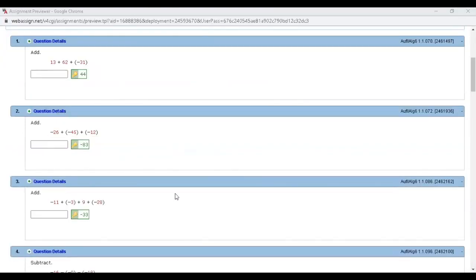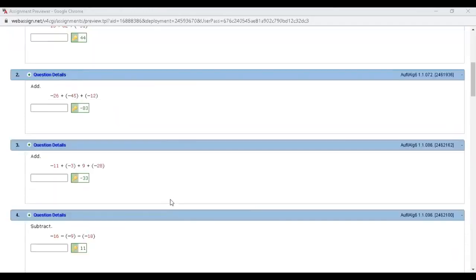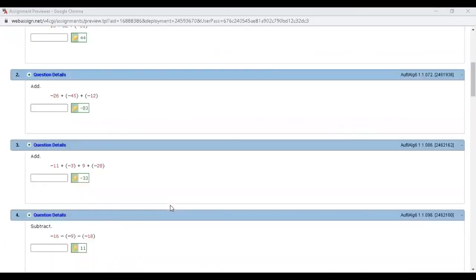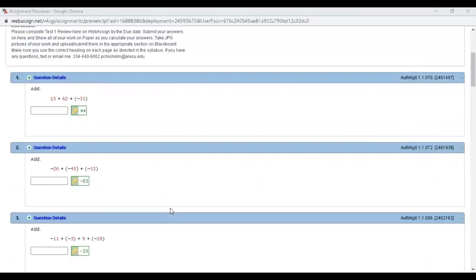Let's look at number 1. For 1, 2, 3, 4, and 5, we are basically adding and subtracting integers. So these are some things that you could possibly put in your calculator. Just to recap, you can take 13 and add it to 62. You'll get 75.